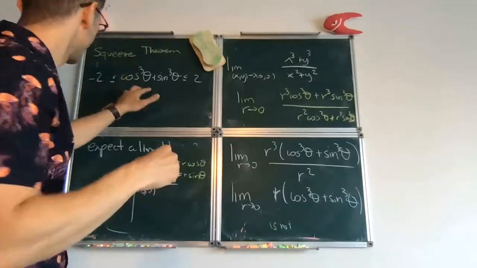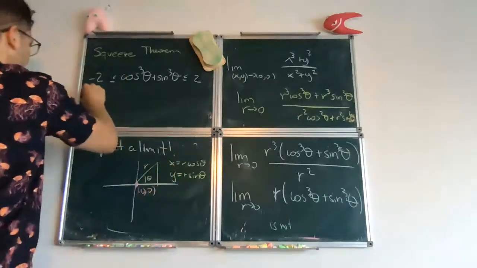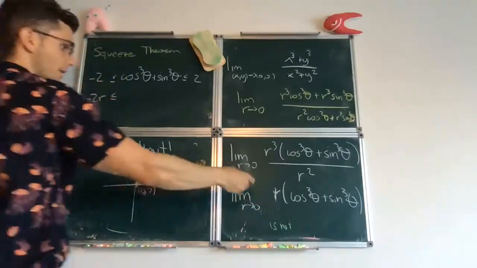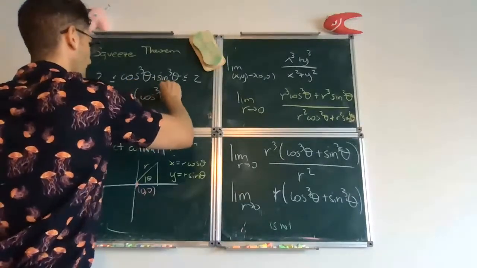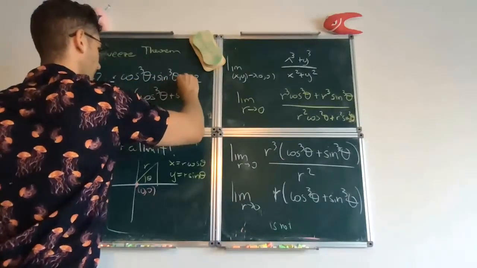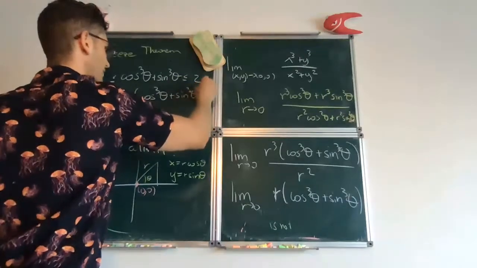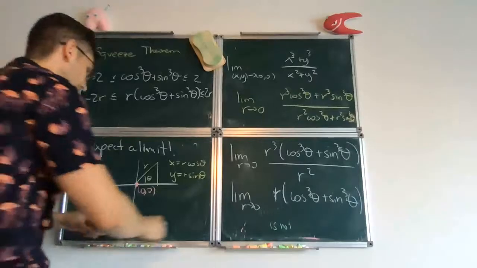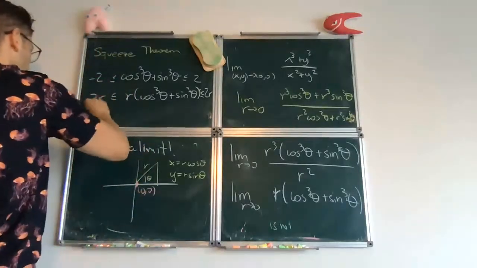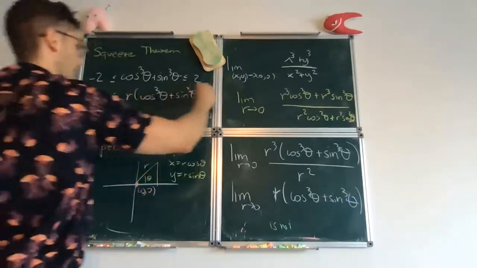So if this is true, then this expression is between, when you multiply both sides by r, you get something like this. But we know that each of these is going to 0 individually as r goes to 0.